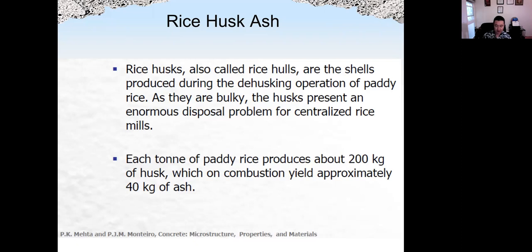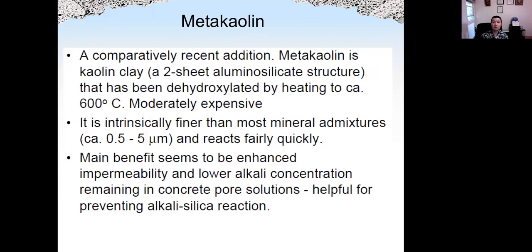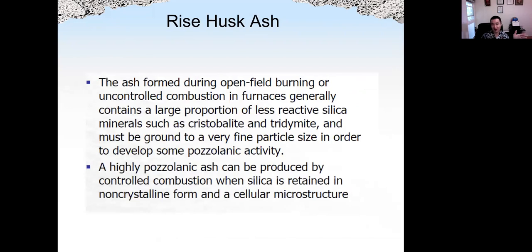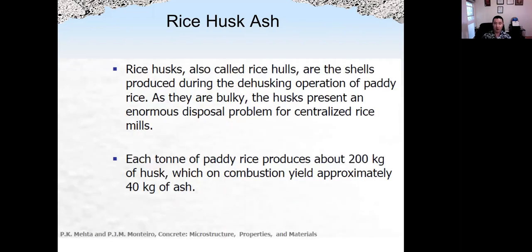The highly pozzolanic ash can be produced by controlled combustion, when the silica is retained in non-crystalline form. Non-crystalline form means it is more glassy or more reactive. For every 200 kilograms of husk, we can get around 40 kilograms of rice husk ash.